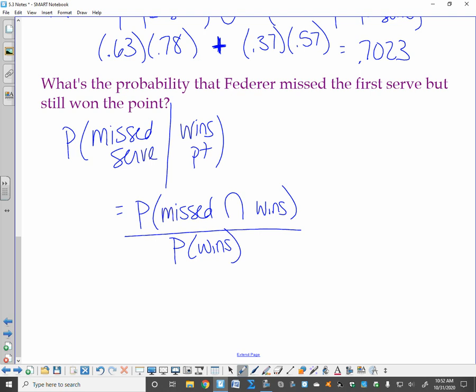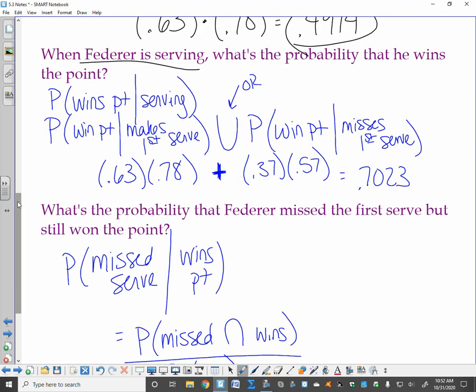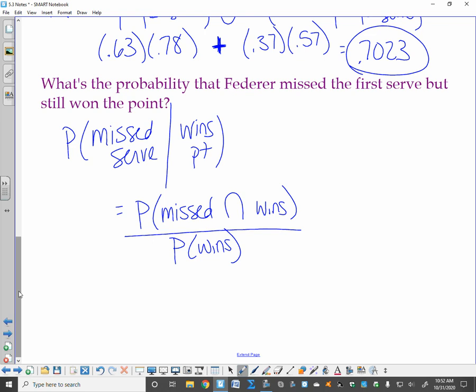Well, and that's the neat thing about a lot of these FRQs is that they build on each other, because to find the bottom, the probability that he wins, remember he can win two different ways. Well, we found that in the question before. So this number right here and all this work, we don't have to repeat. We can use that number because we have the work on this page to back up where that number comes from.